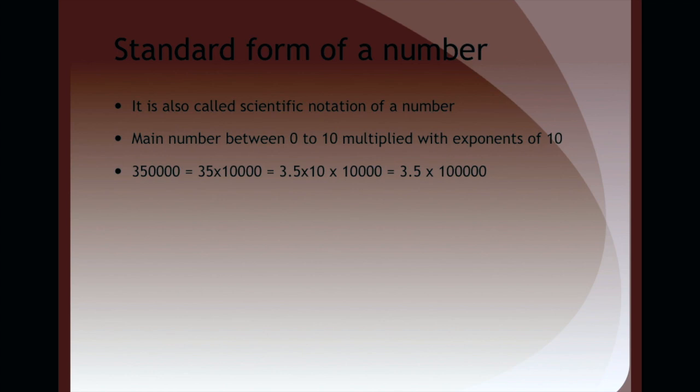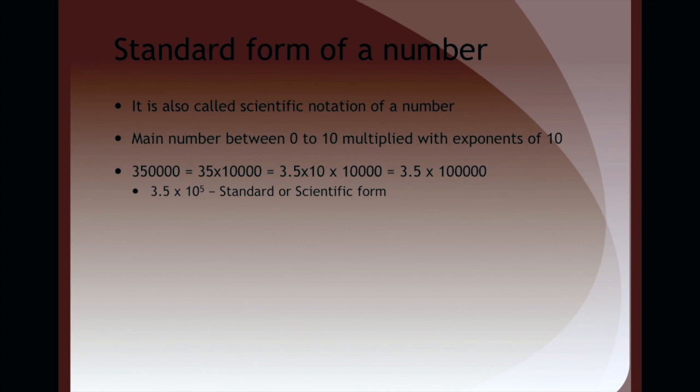So 3.5 into 10 is 35. Now put all 10s together, so it becomes 3.5 into 10000, or we can say 3.5 into 10 raised to power 5. This is the standard or scientific form of a number.